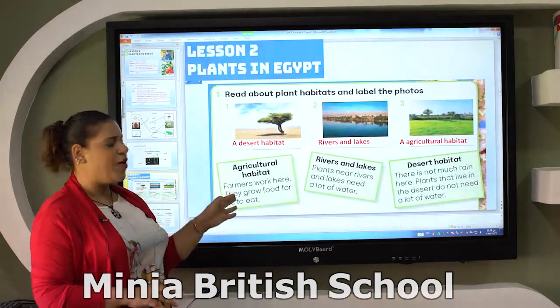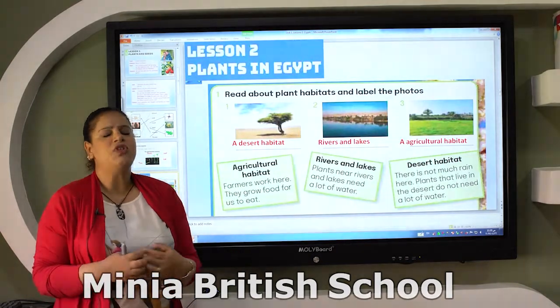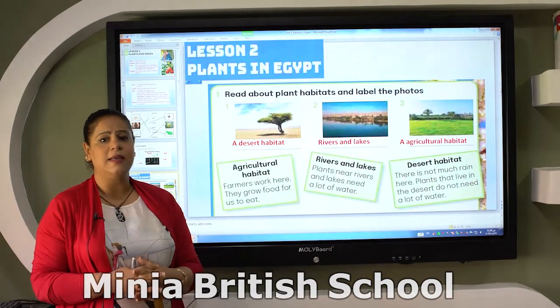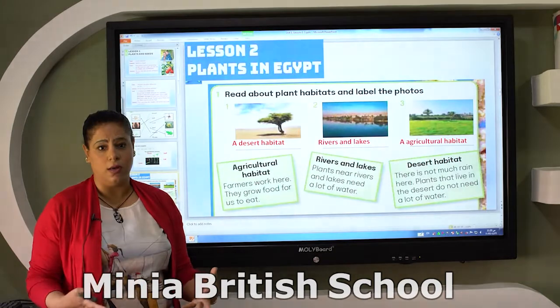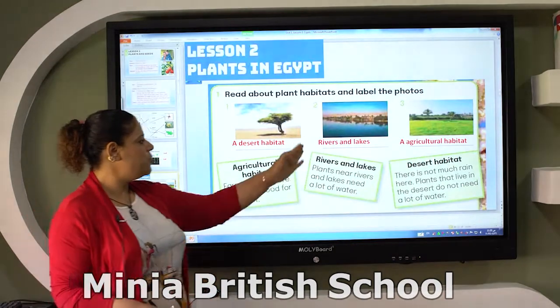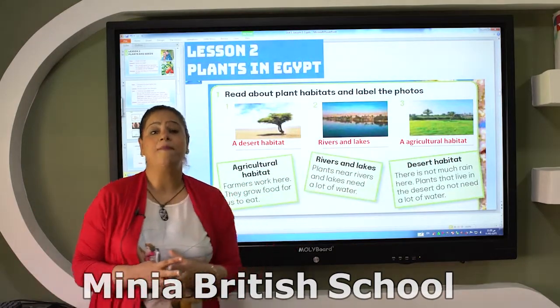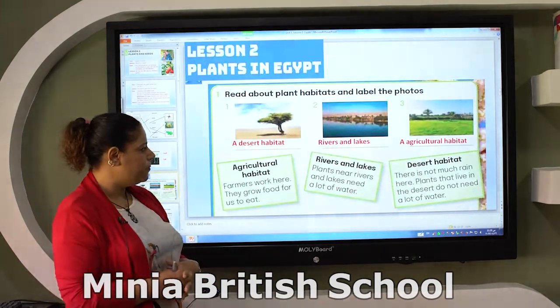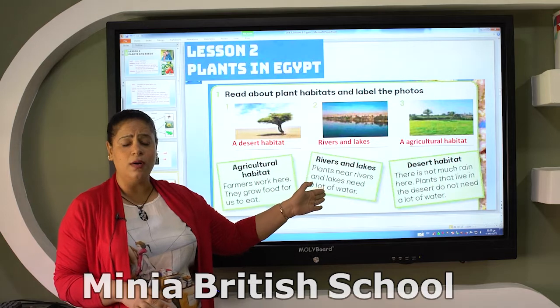In agriculture habitat, farmers grow different kinds of crops like orange tree, like bean plant, and so on. If we come to rivers and lakes habitat, we can see many plants like lotus flower and reed.